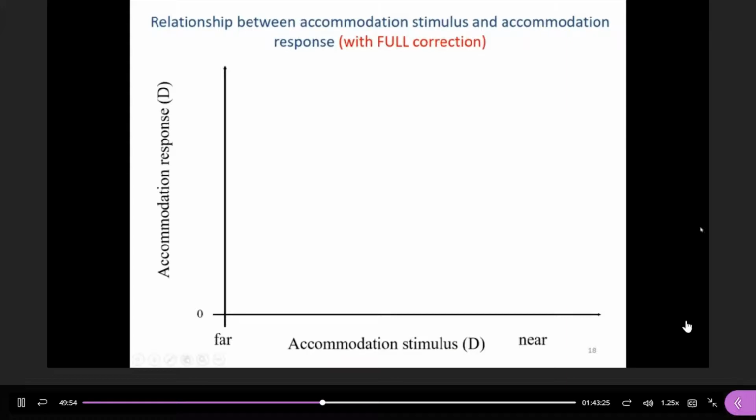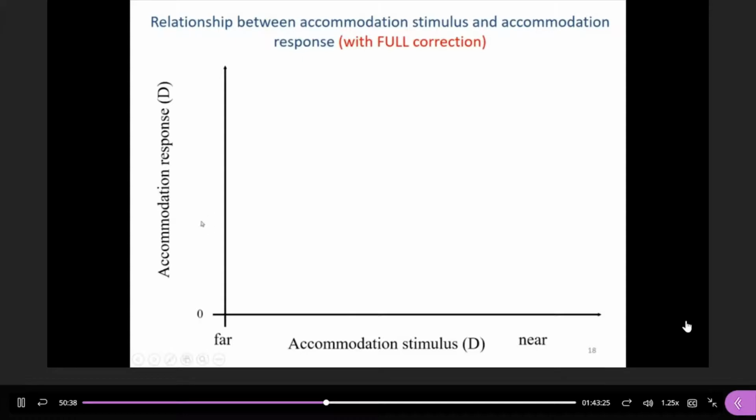If they are not fully corrected, this diagram will not be valid, because remember when we talked about uncorrected hyperopia or uncorrected myopia: for uncorrected myopia, you may accommodate less, and for uncorrected hyperopia, you may use up the accommodation faster. So the uncorrected refractive error will definitely contaminate your result and produce artifacts. That's why for all the information we talk about here, we should assume that all the patients are fully corrected.